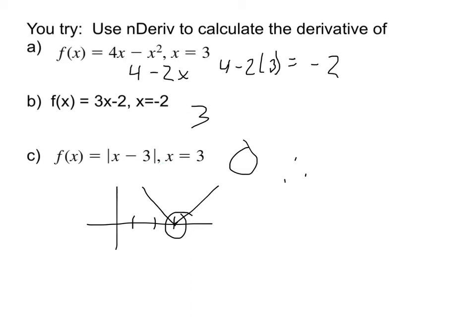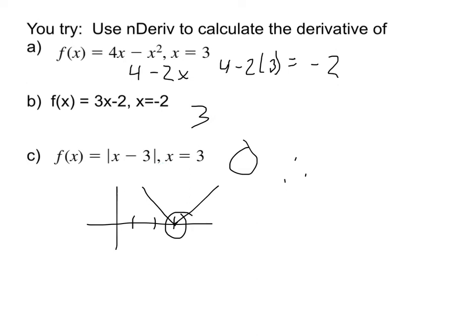So nDerivative is powerful, it's wonderful, it's fast. If you can use your calculator, obviously it's nice, but make sure you're thinking about what the function looks like. Is there a cusp? Is there a corner? Do the derivatives from both sides equal the same amount?